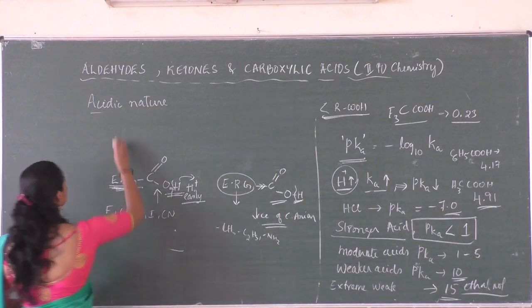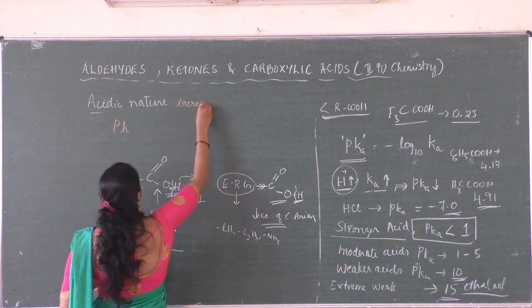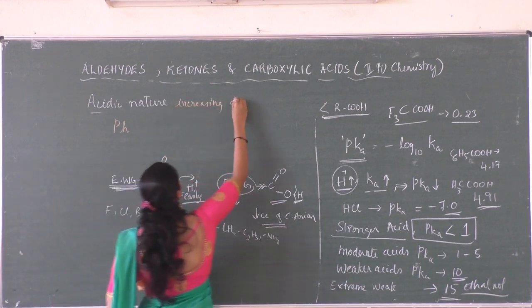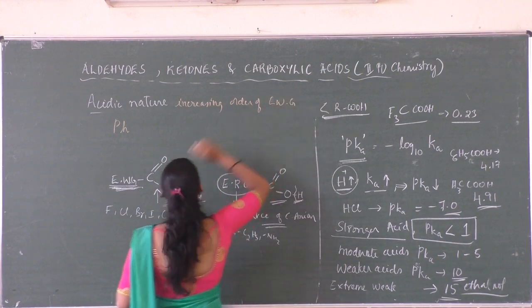So that is phenyl, in increasing order of electron withdrawing groups.